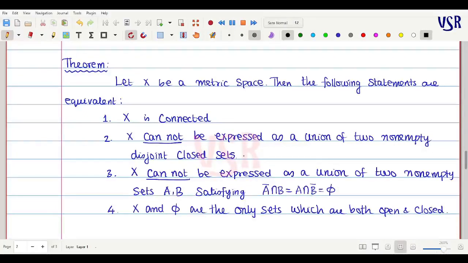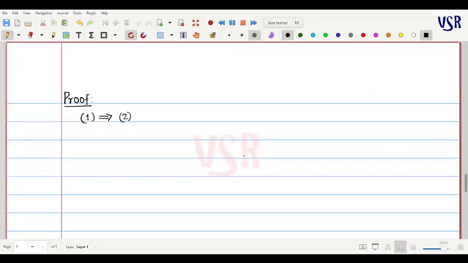So first assume that capital X is connected. I assume this first.